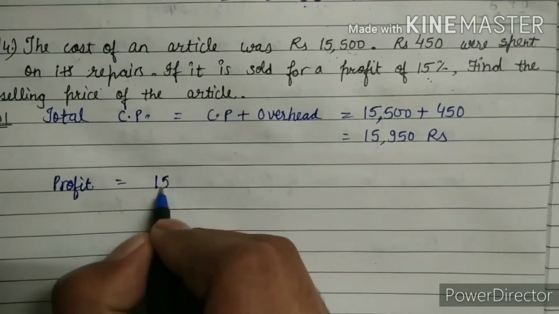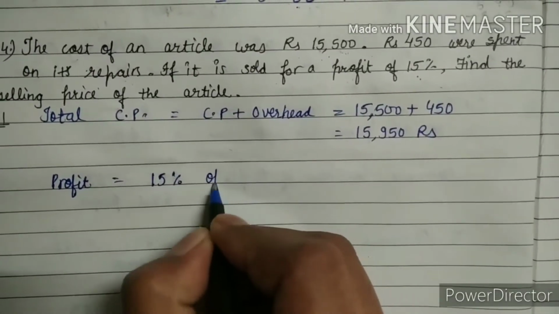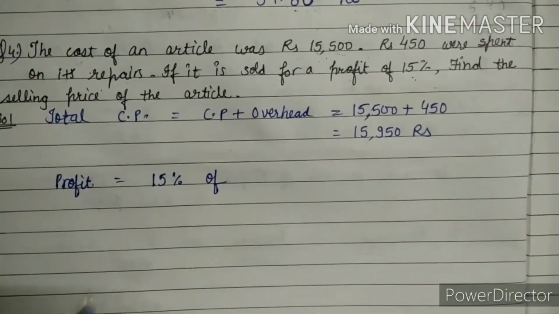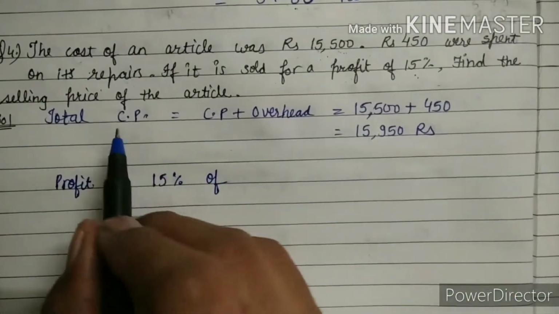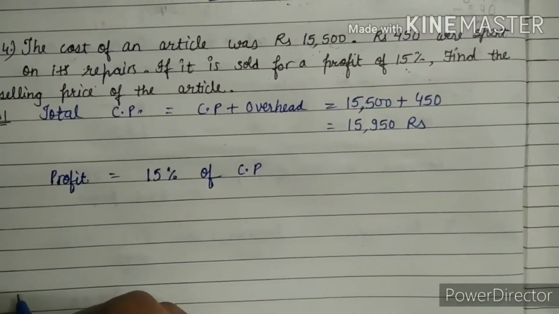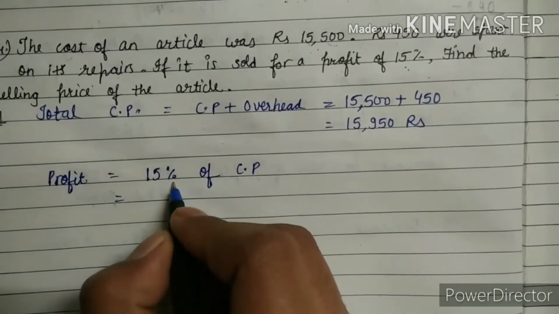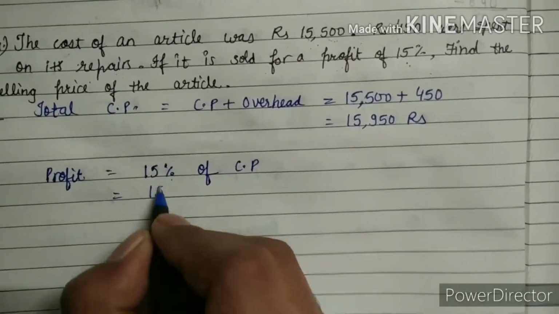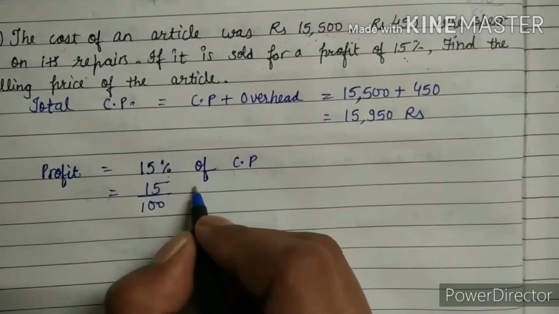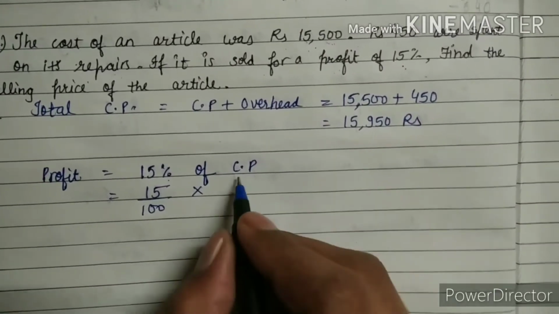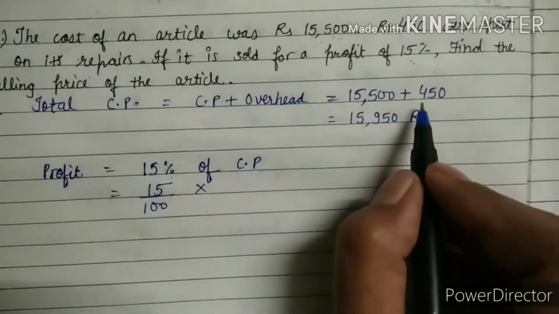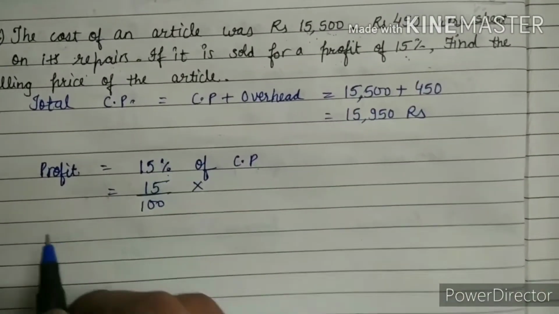So 15% of, we know profit or loss percentage always compares with cost price. That's why here we will put cost price. When we remove this percentage symbol, in the denominator what will come? 100. In place of of we put multiply, and in place of cost price we will put total cost price, because overhead is already included in cost price.